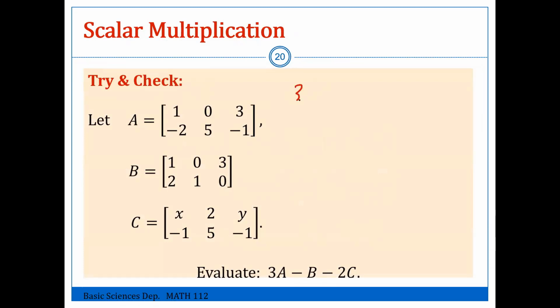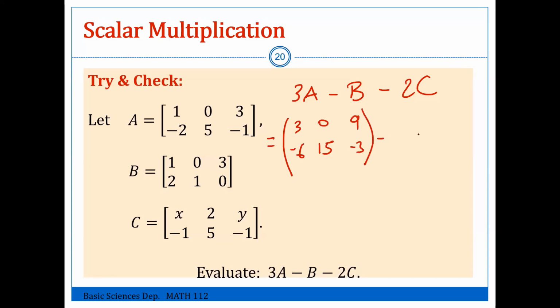What about 3a? Okay, let's do it one time. 3a will be 3, negative 6, 0, 15, 9, minus 3. Minus b, wait a bit, b can wait a moment.